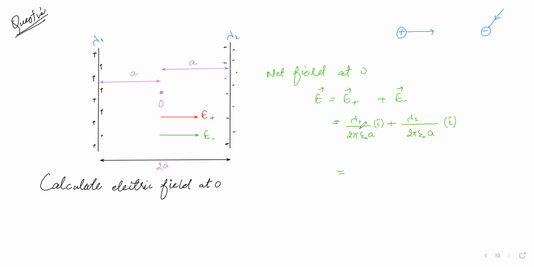Finally, after taking the common factor, we get i cap over 2 pi epsilon naught a, and in the bracket we can write lambda 1 plus lambda 2.